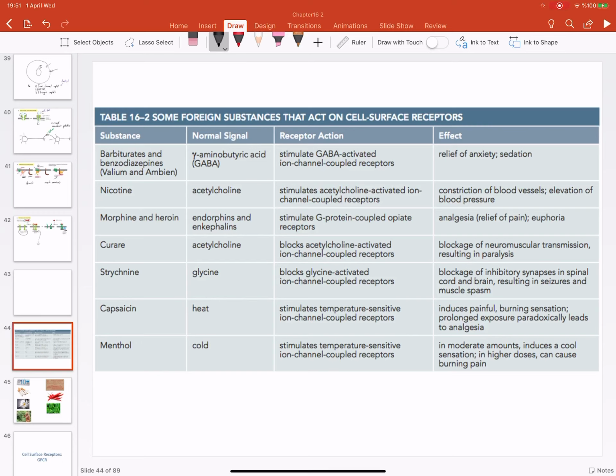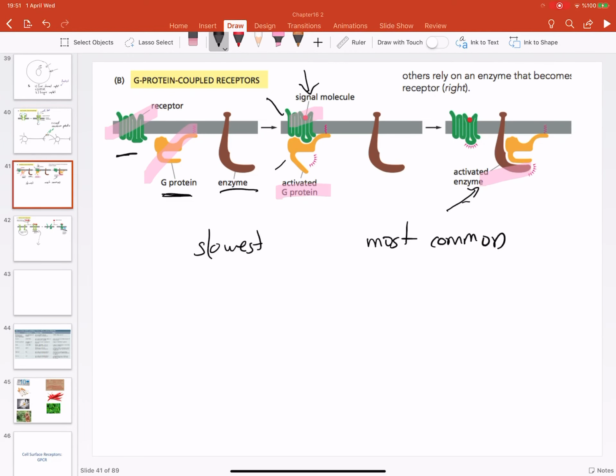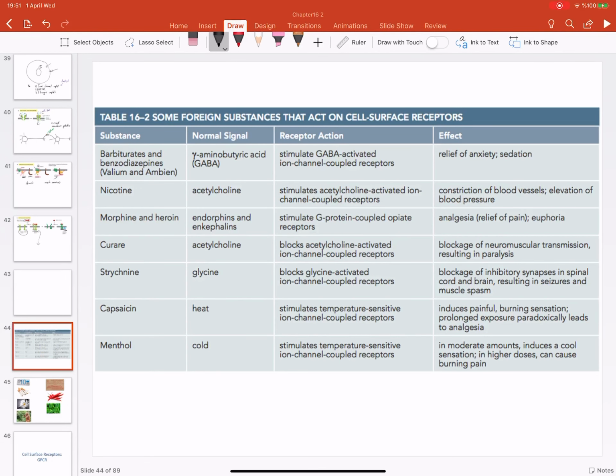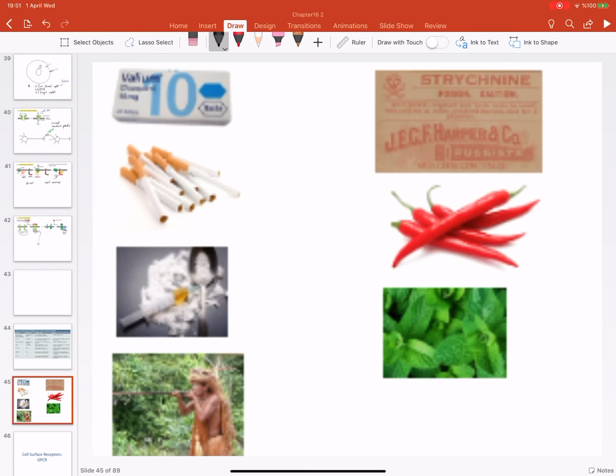The only way that they can interact with the extracellular environment is these receptors. It should use one of these three receptors so it can understand what is going on around. So if we use some chemicals, some materials, we can actually change how our body perceives what is going on around.